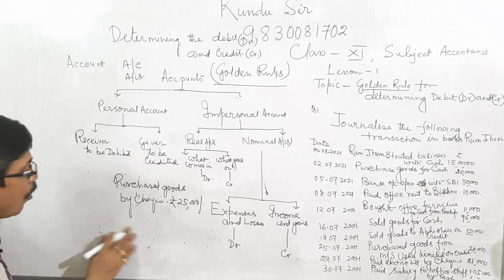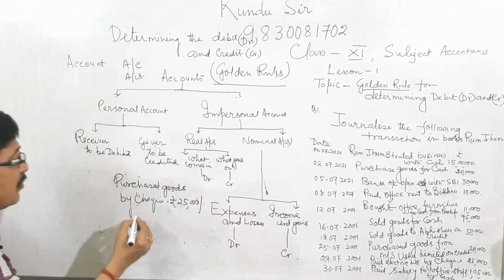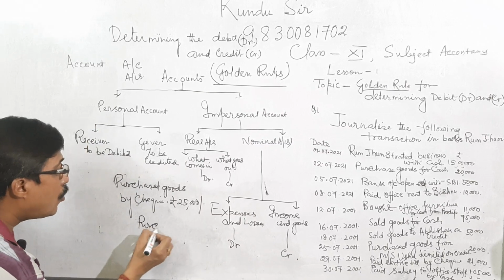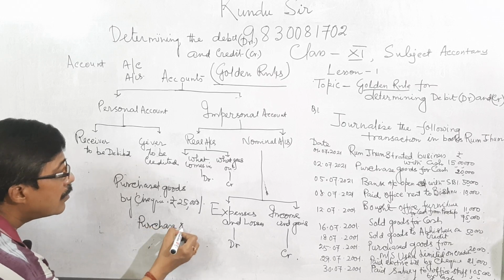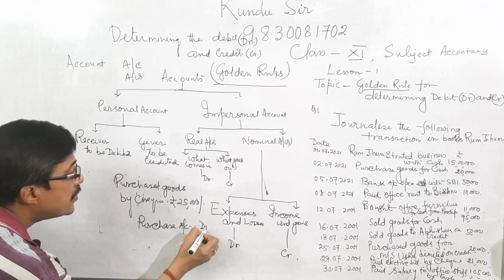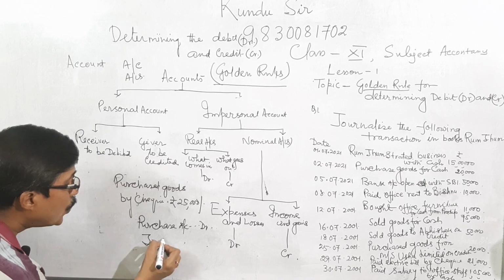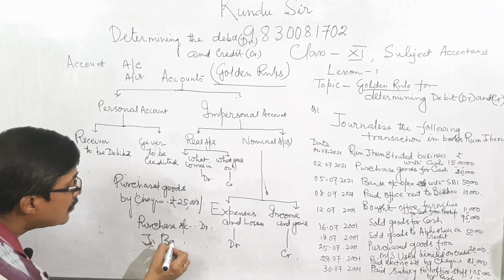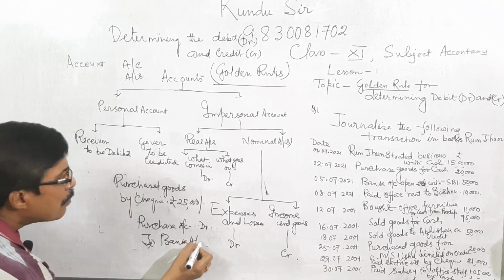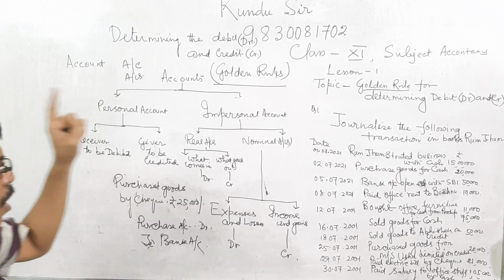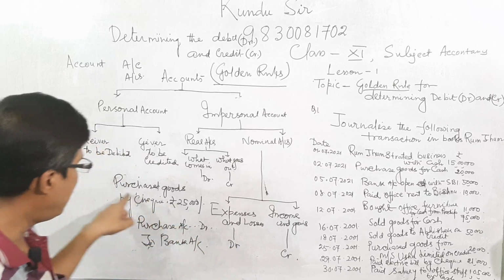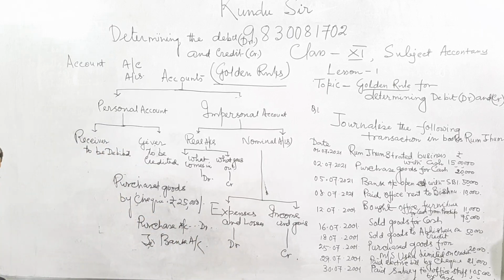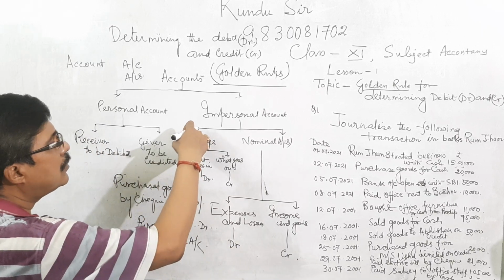So what will be the entry? Purchase account debit to bank account. Purchase is an expense under nominal account, debit, and bank is a real account.